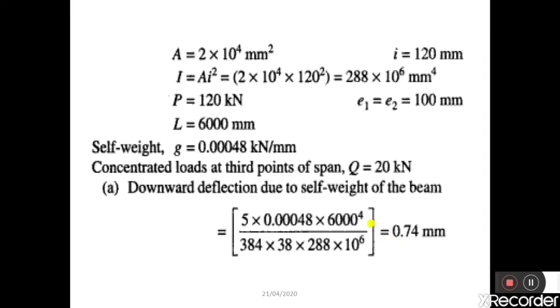So 0.74 millimeter is the deflection due to self weight of the beam. So it is plus 0.74 mm, that indicates that the deflection is in the downward direction.